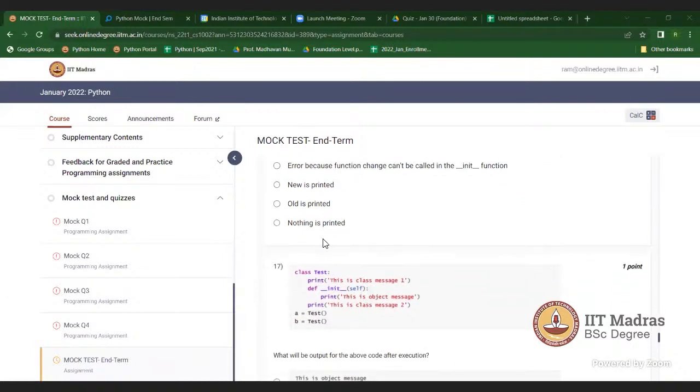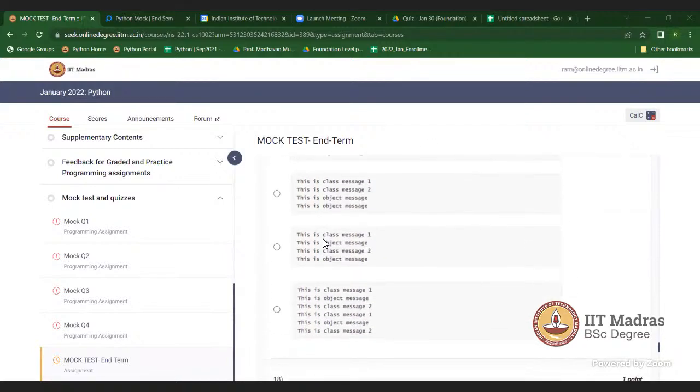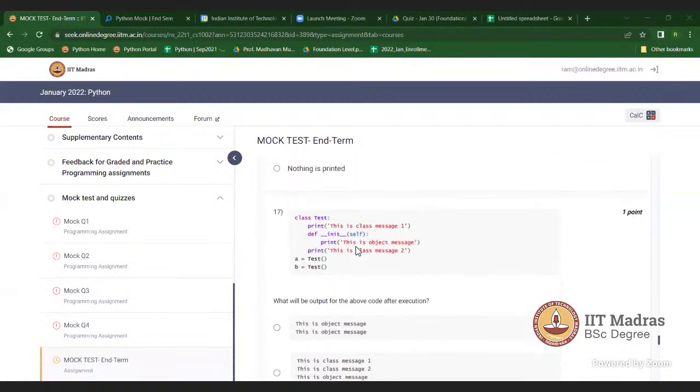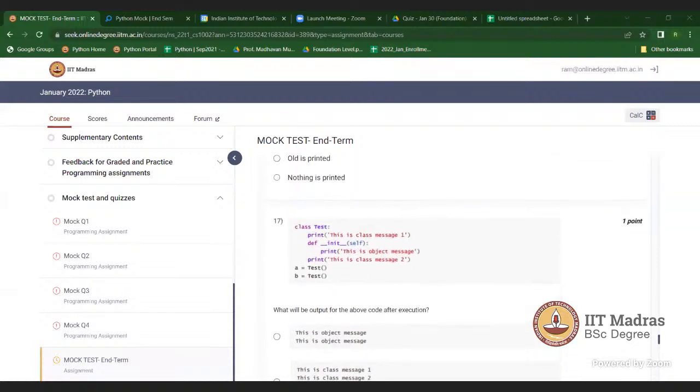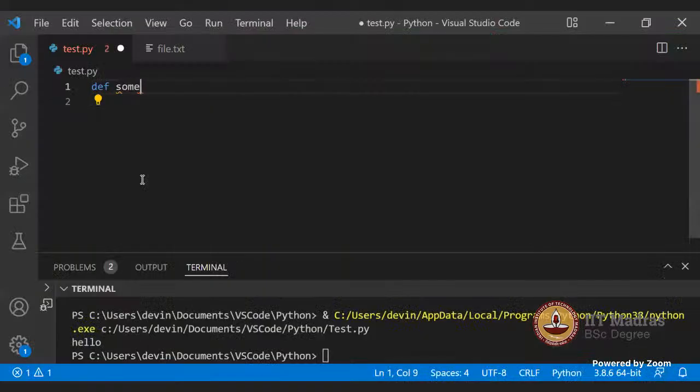Why is the fourth option incorrect? Okay. Let me write some piece of code here. I have explained it previously. One student has asked this question.